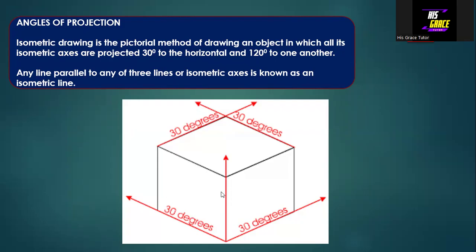So these lines are isometric lines. Also, this line is parallel to the left receding axis, so this line is an isometric line. And also this line is parallel to the right receding axis, so this line is an isometric line. So that is the information that we have here.